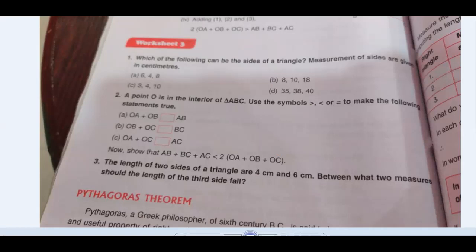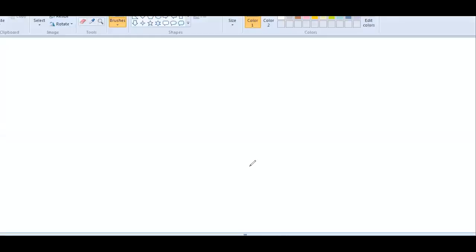Next is Pythagoras theorem. You know what is Pythagoras theorem? Pythagoras says that in a right angle triangle, you know what is right angle triangle? The one angle of the triangle will be 90 degree. So this is your 90.